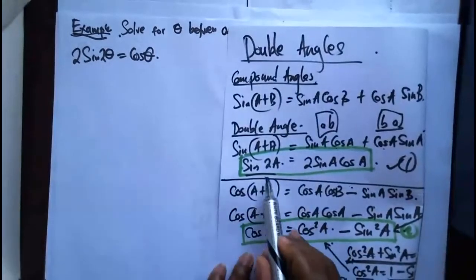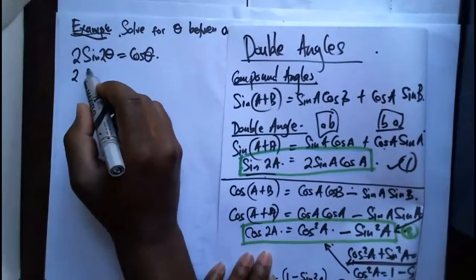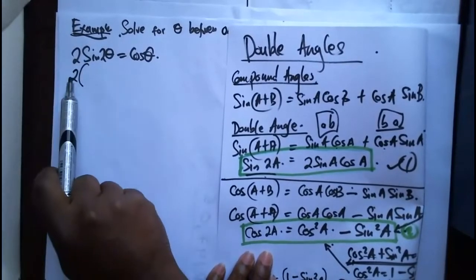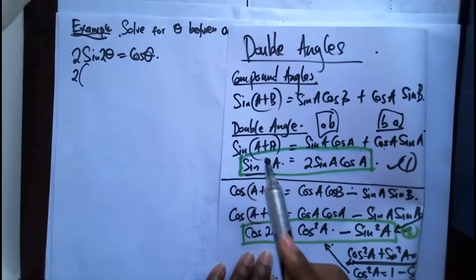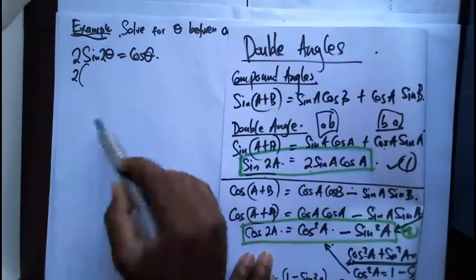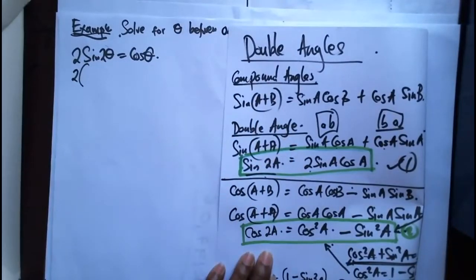So where there's theta, there is A. I'm going to expand. So it's 2, open the bracket. Do not fall into the trap, because sometimes you will confuse this 2 with the 2 here. So for sine 2 theta, just open the bracket. Are there only 5 double angles? Yes, there are only 5 double angles, right?